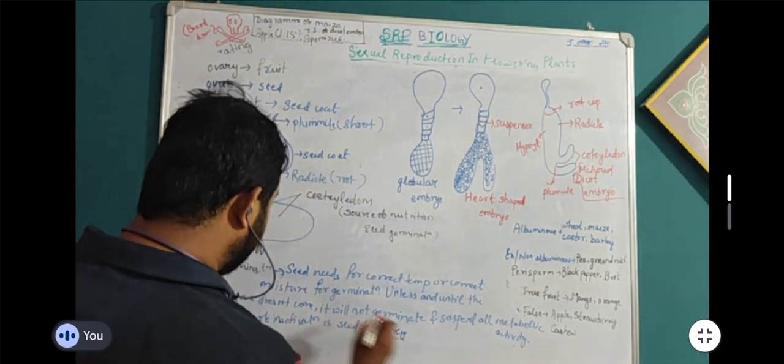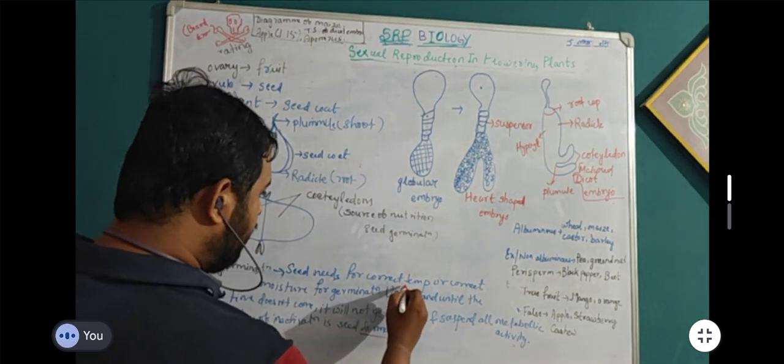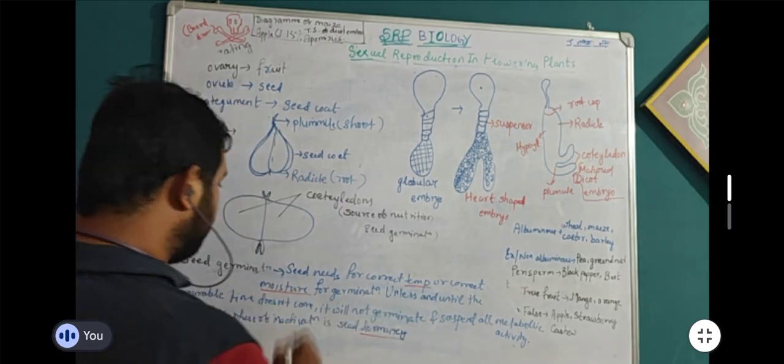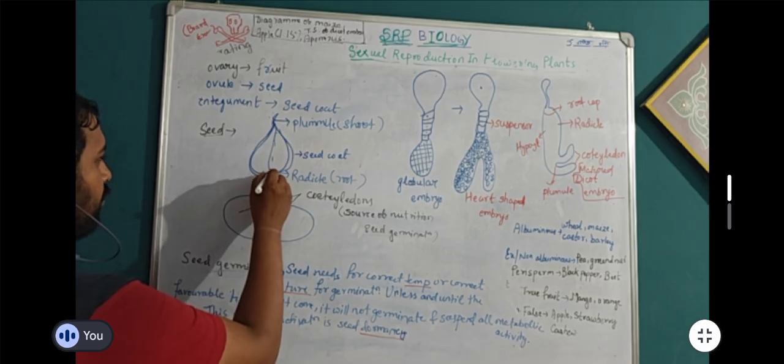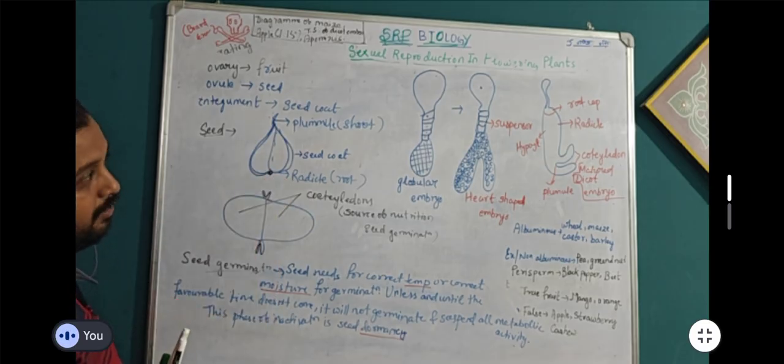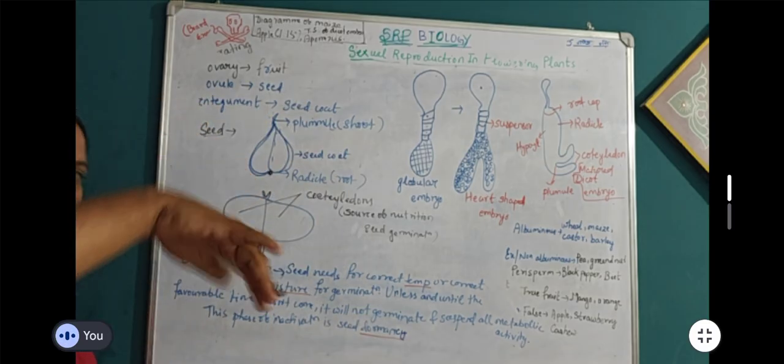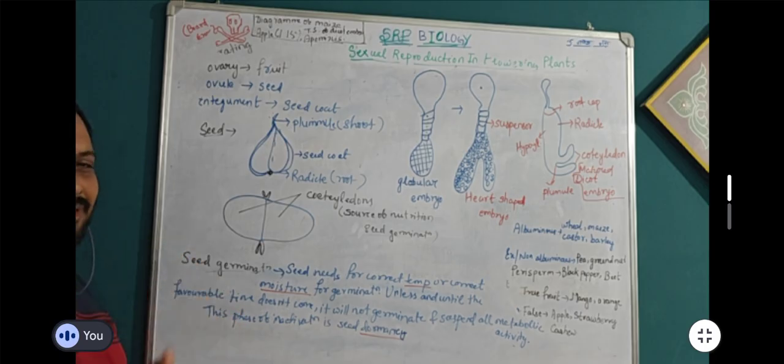So as I told, for germination it needs correct temperature or correct moisture. Okay, so how will the temperature or moisture enter into the seed? See, here a small hole remains persistent in the seed, that was persistent in your embryo sac, not only embryo sac but also in your ovule.